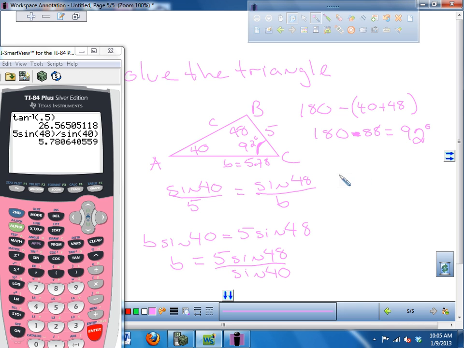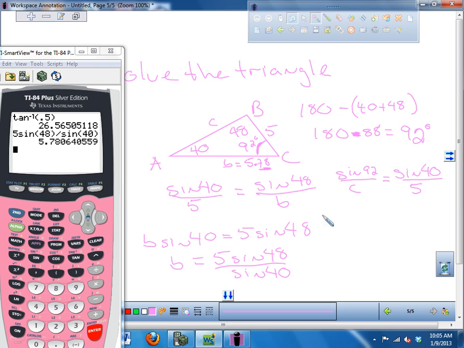So to find C, sine of 92 is to C as, and I wouldn't say sine of 48 is to 5.78 because this is a rounded off answer. So I would use sine of 40 is to 5. Try not to use the one that's rounded off because you'll lose a little bit of accuracy.